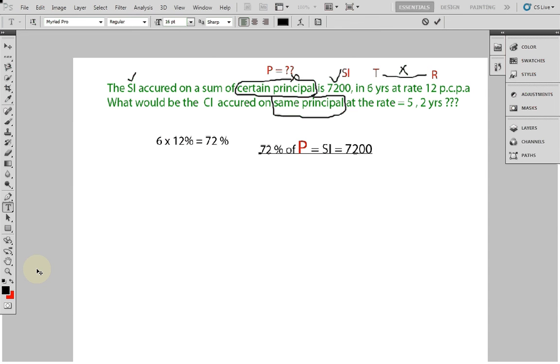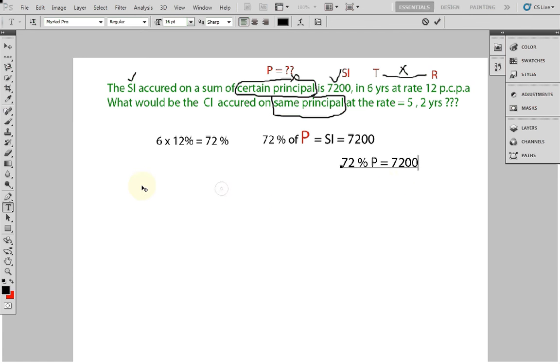It was given there. You no need to worry about that here. So what happens now? I will give you the next step, you will get it very easily. 72 percent of principal is equal to 7200. This is nothing but simple interest here. Okay fine, let's keep it aside.